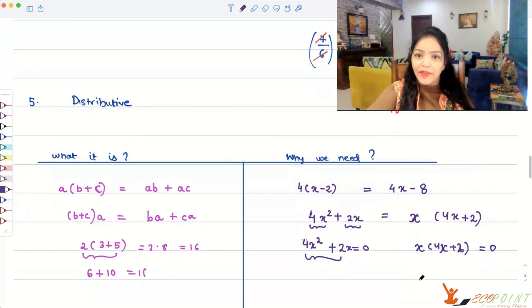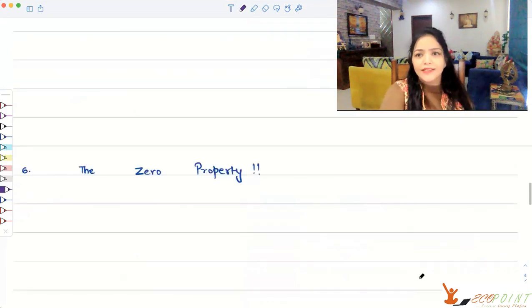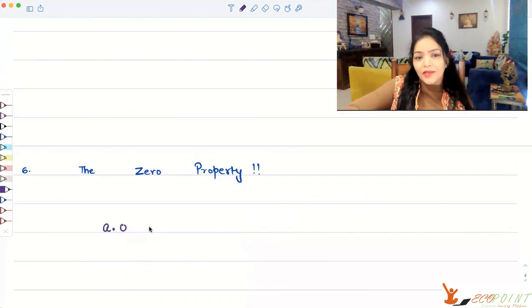And this brings me to another property, the zero property. Now, what is the zero property? The zero property essentially is that if you multiply any real number by the number 0, you will get 0. And that's what we use there.